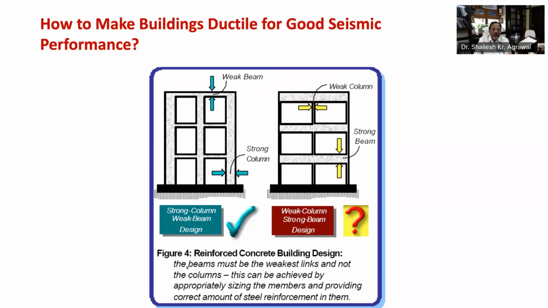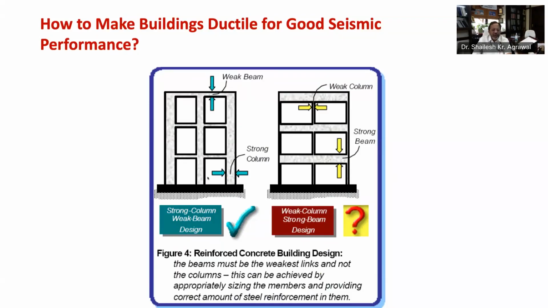The failure of a column can affect the stability of the whole building, but failure of a beam will cause only a localized effect. Therefore, it is better to make beams the ductile, weak links rather than columns. This method of designing RCC buildings is called the strong column, weak beam design method and should be preferred.